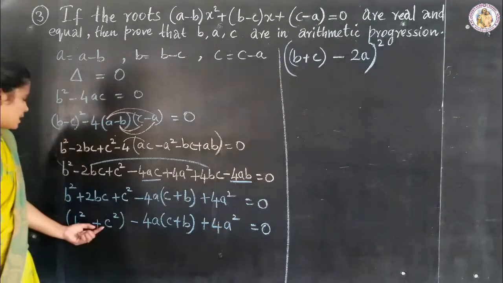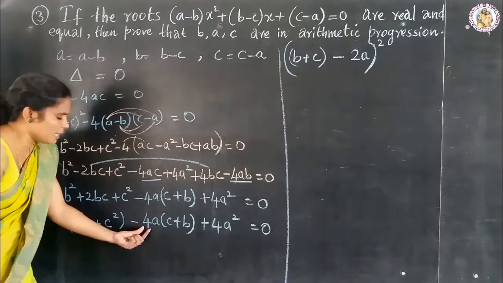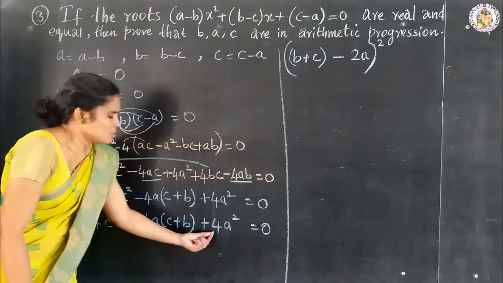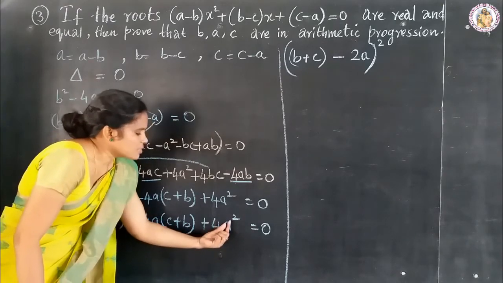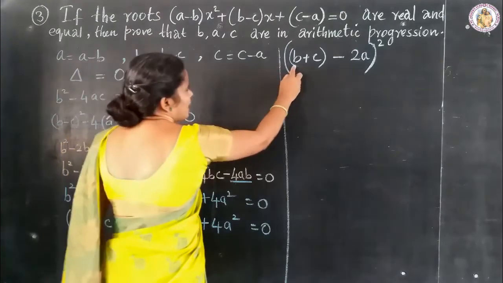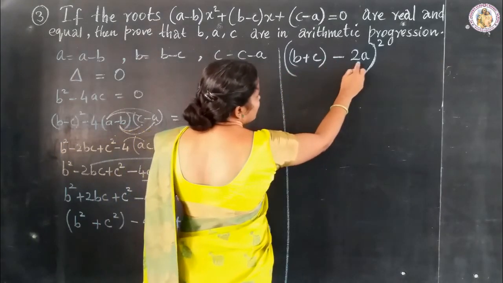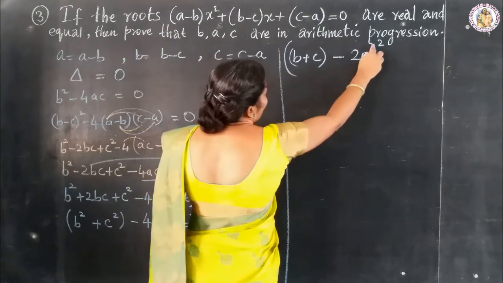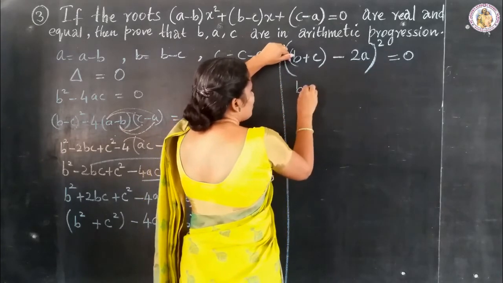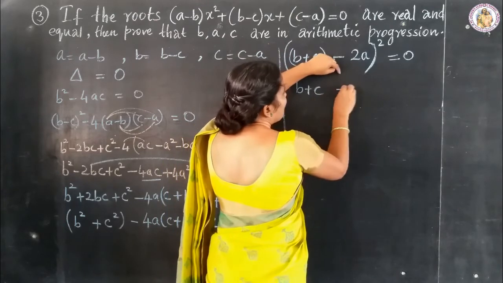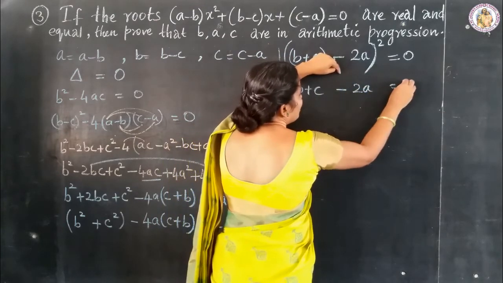Why? Because it is a square minus 2ab plus b square, that is 2 into a, 4a square. Okay, so (b plus c minus 2a) whole square is equal to 0. And now removing the squares, b plus c minus 2a is equal to 0.